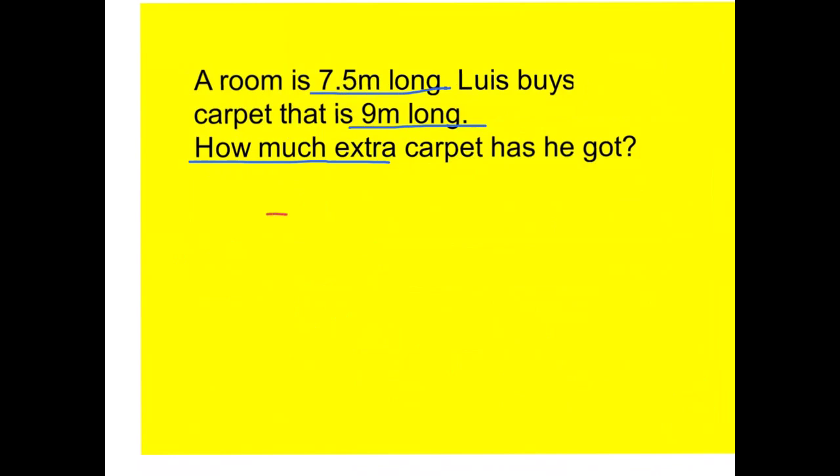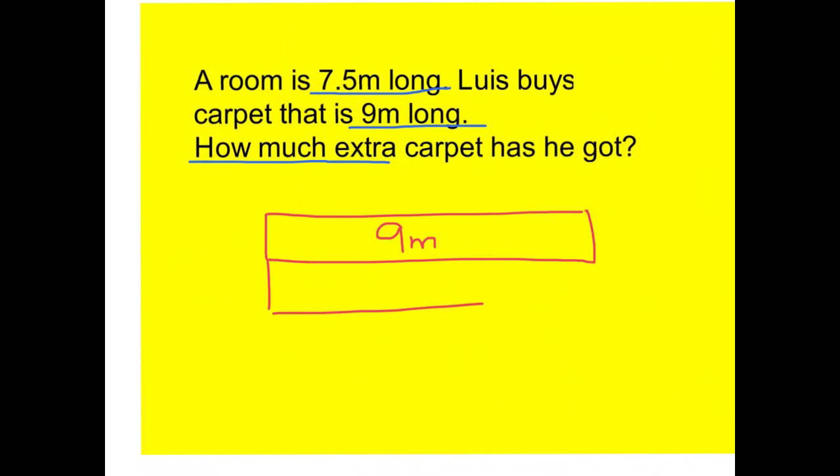So we draw ourselves a little bar model. There's my 9 metres of carpet. The room is 7.5 metres long. I need to work out this extra bit that is left over. So as we can see, it is a subtraction sum. Got 9 metres.